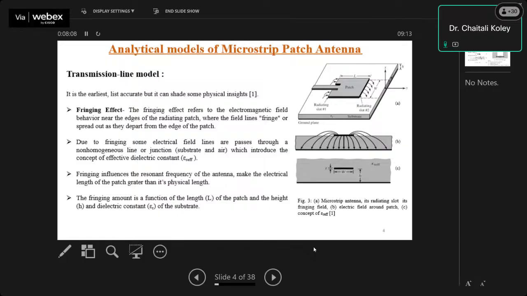If you imagine the patch and the ground plane, these two are perfect electric conductors. So there is a possibility of resonance if we launch some electric field.